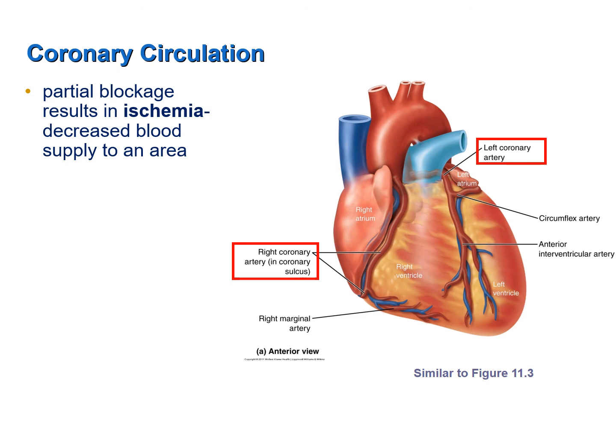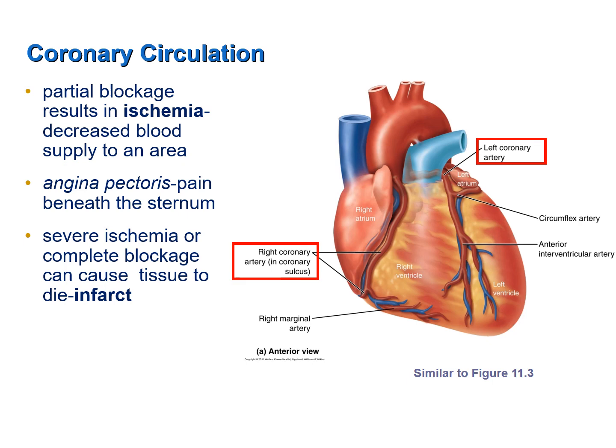That lactic acid stimulates pain receptors, and you have a condition called angina pectoris, where there is this crushing, choking pain beneath the sternum as a result of the ischemia. In situations where there is a very severe ischemia, or if there is total blockage of an artery, that causes insufficient supply of blood and oxygen to cells, and cells die, or you have what's called an infarct.